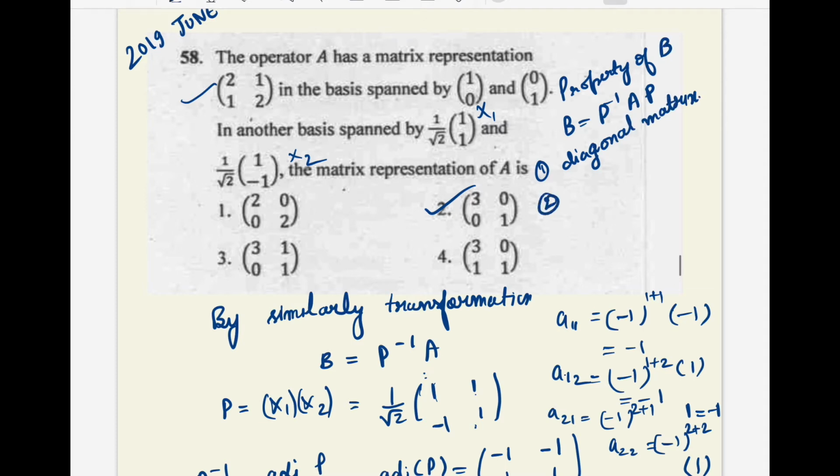Another one is that the diagonal entries will be equal to the eigenvalues of A. Whatever the eigenvalue of A is, B will have the same eigenvalues. Okay, so B and A have the same eigenvalues.